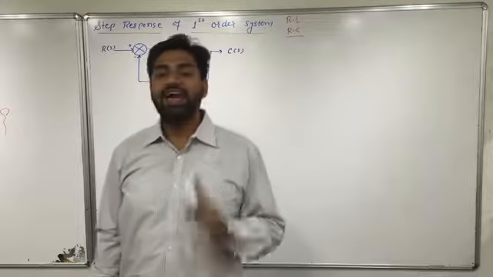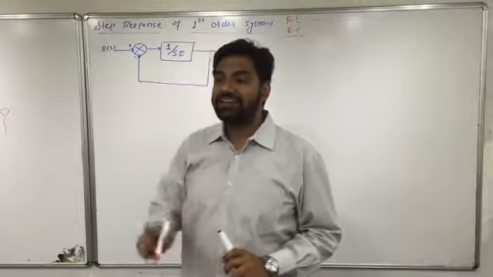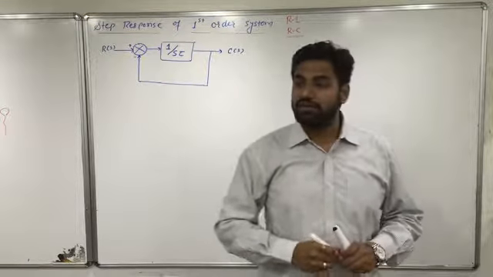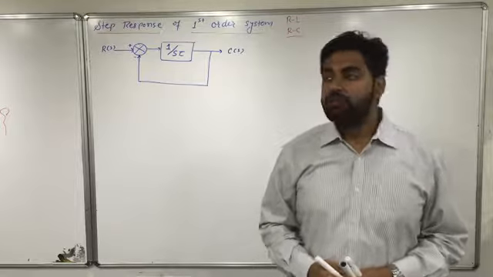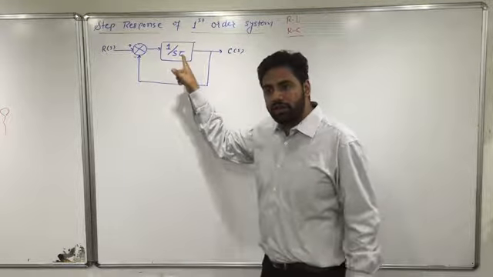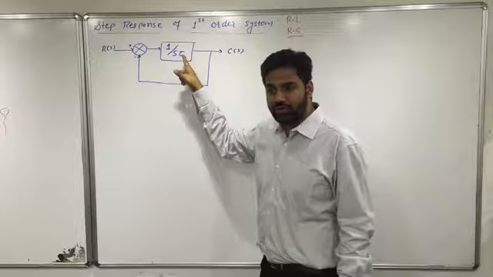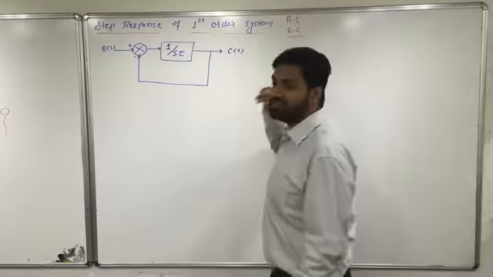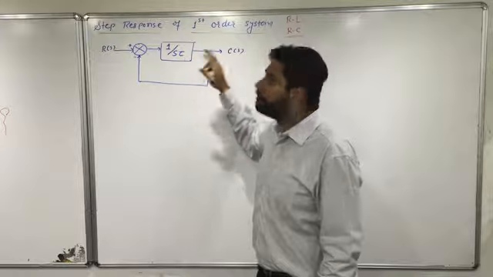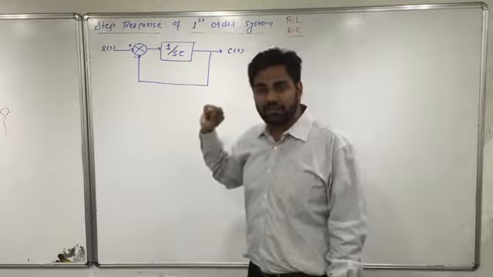RL series, RL parallel, RC series, RC parallel circuits are called first order systems. I have not kept anything here like R or L or C. I know that for an RL series circuit the time constant is tau equal to L by R, and for an RC series circuit it is RC.